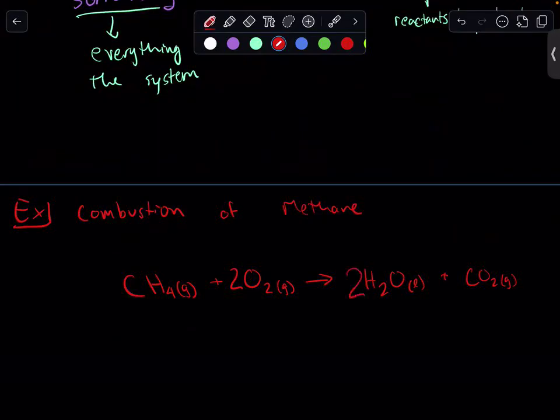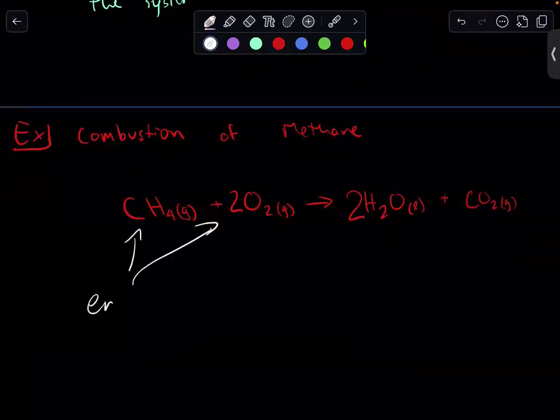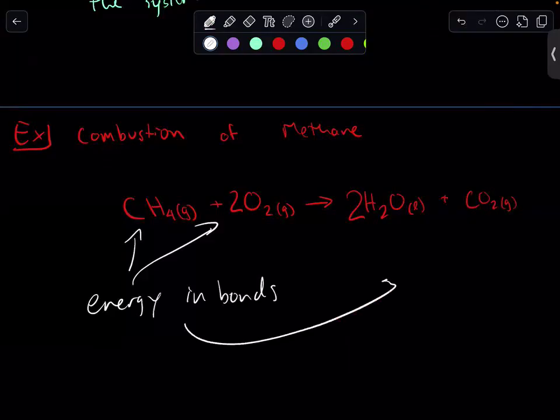So with this reaction, what's going to happen is the energy in the bonds of the reactants will convert into energy in bonds of products.